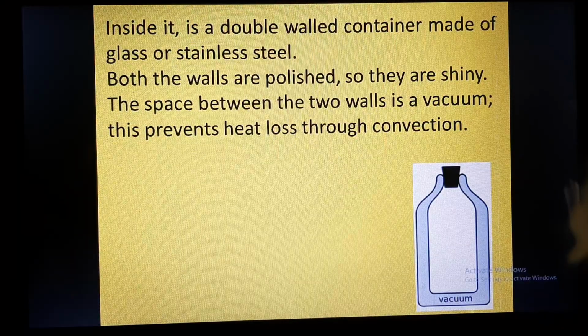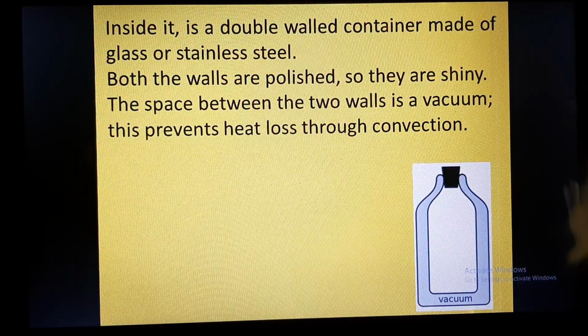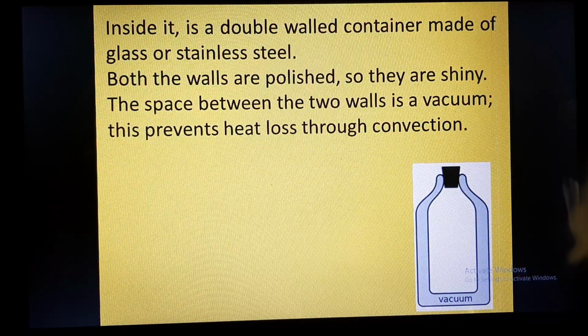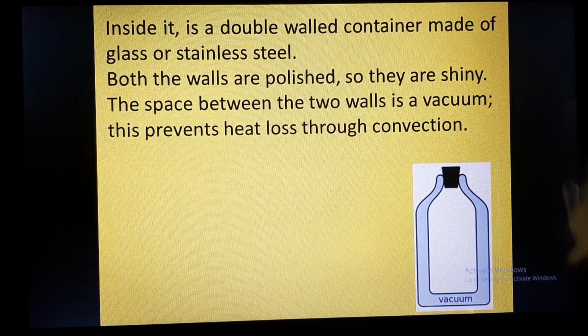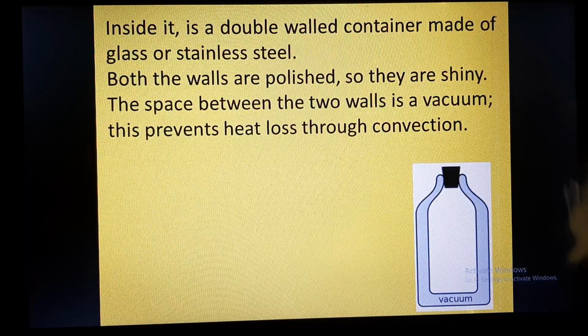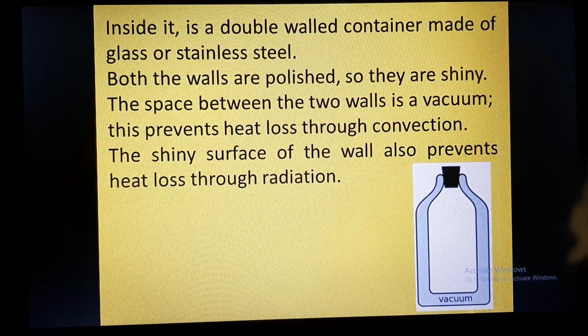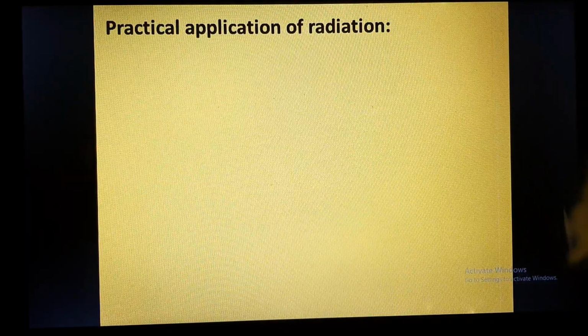This vacuum prevents the heat loss through convection. So the outer wall, which is made up of plastic, is preventing heat loss through conduction, and this vacuum is preventing heat loss through convection. The shiny surface of the wall also prevents heat loss through radiation, because shiny surfaces radiate less.